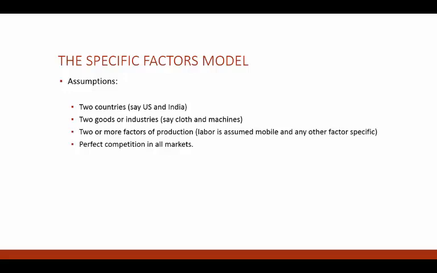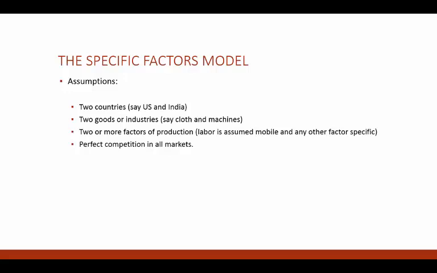So let us set up our model based on this modification. Assumptions of the model are similar to that which we have set up before. We have two countries. We focus again on the United States and India, two goods or industries, cloth and machines, two or more factors of production where we assume that labor is mobile and the other or other factors are specific.